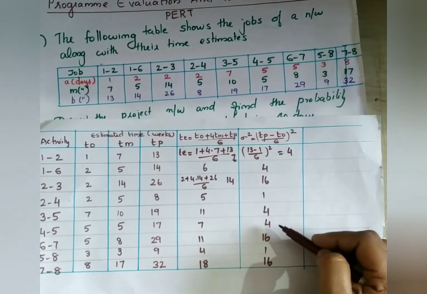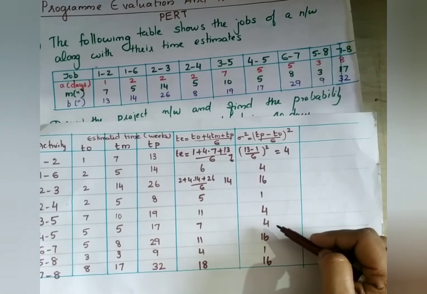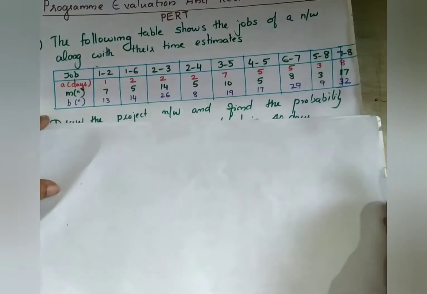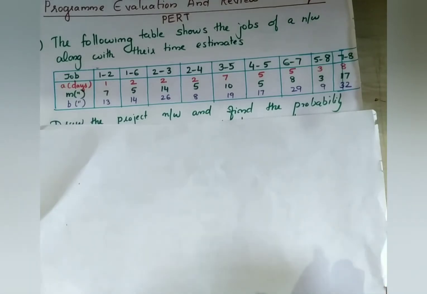Next we have to find out the times. For that you have to draw the circuit diagram, then only can we go further. So we will draw this circuit according to the question. What is the first activity? It is 1 to 2, right?